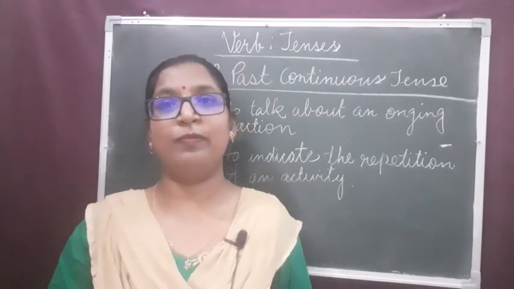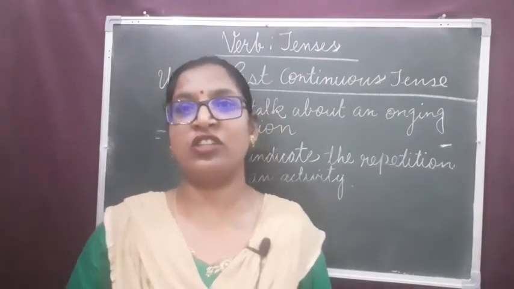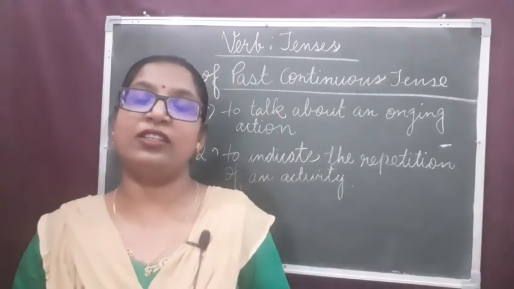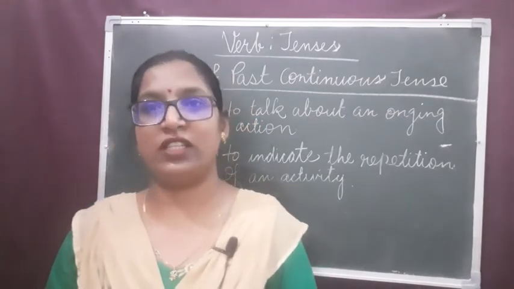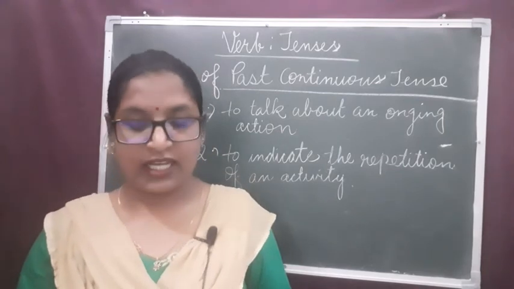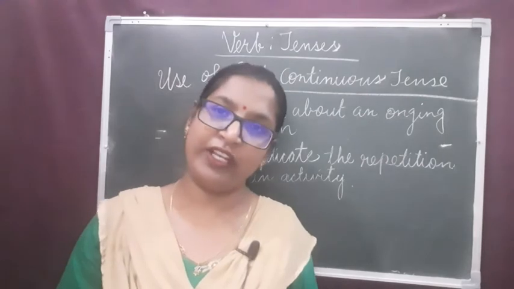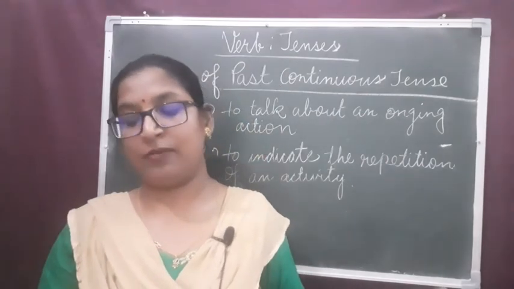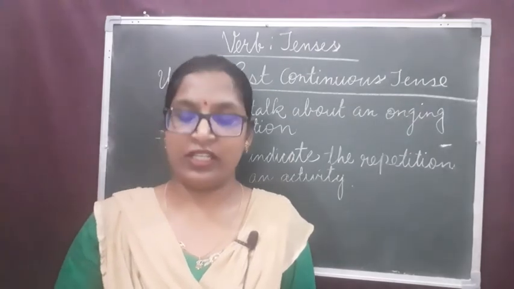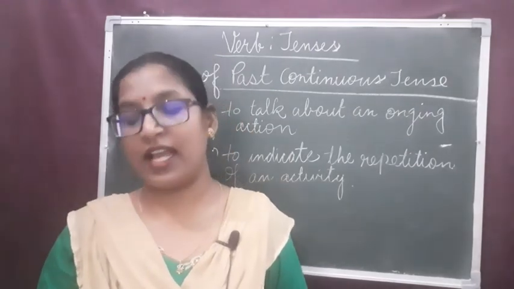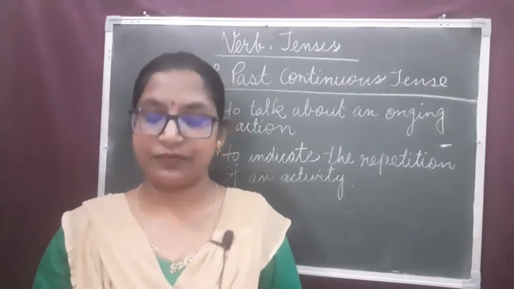Was we use when the subject is singular and were when the subject is plural. And the uses of past continuous tense are to talk about the ongoing action in a particular period of time in the past, and to indicate the repetition of an activity during a period of time in the past.